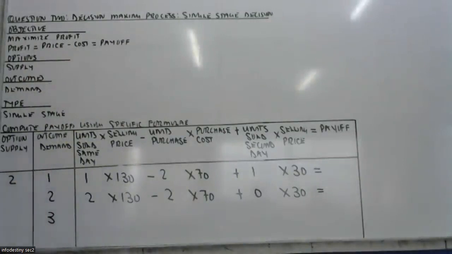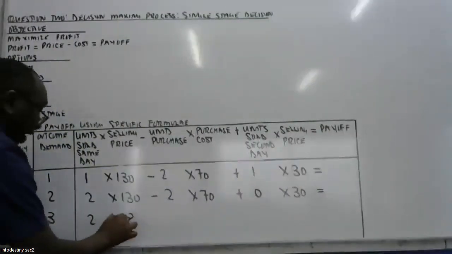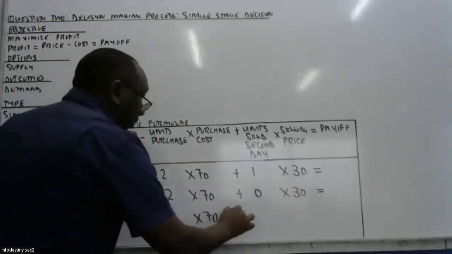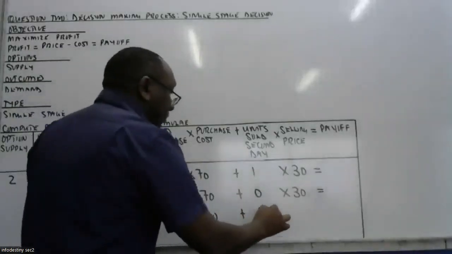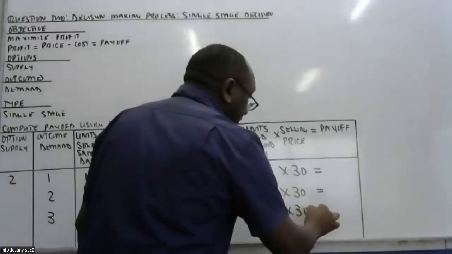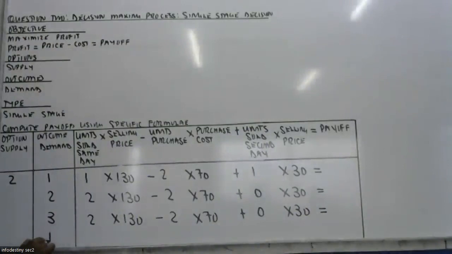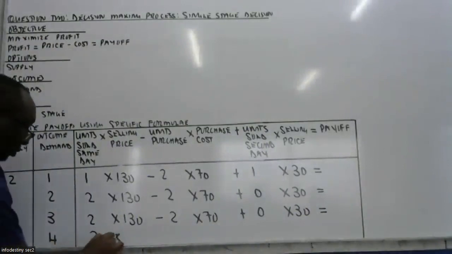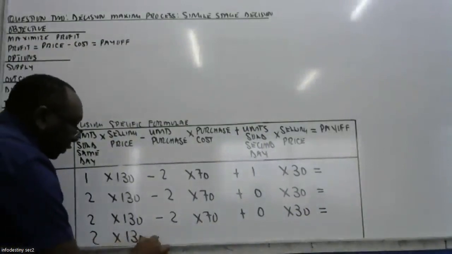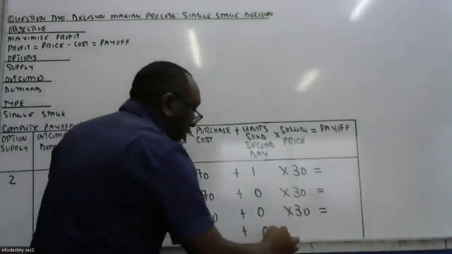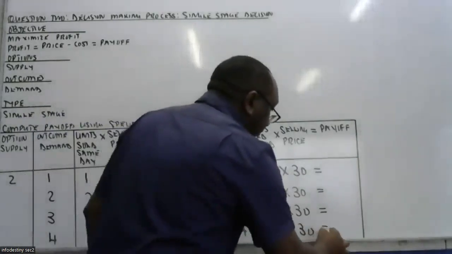If 3 customers come, you just sell 2 because that is what you have at 130, and you already have bought 2 at 70. Plus, there is nothing that remains. That way, if 4 customers come, you just sell 2 at 130, 2 at 70, and 0 at 30.